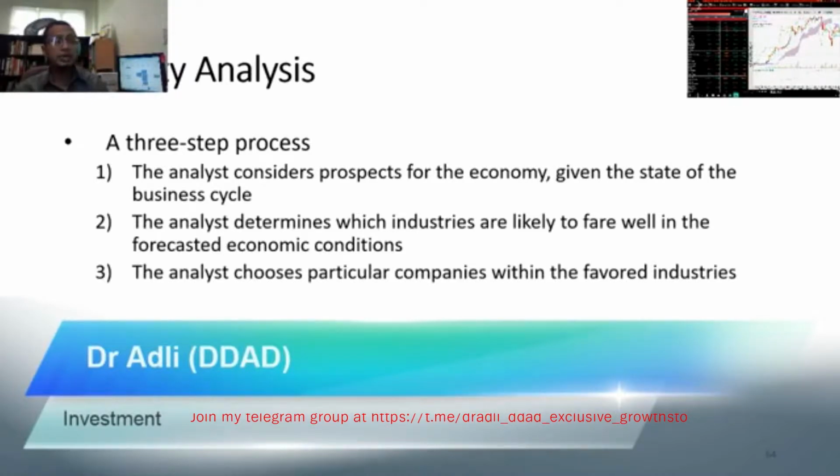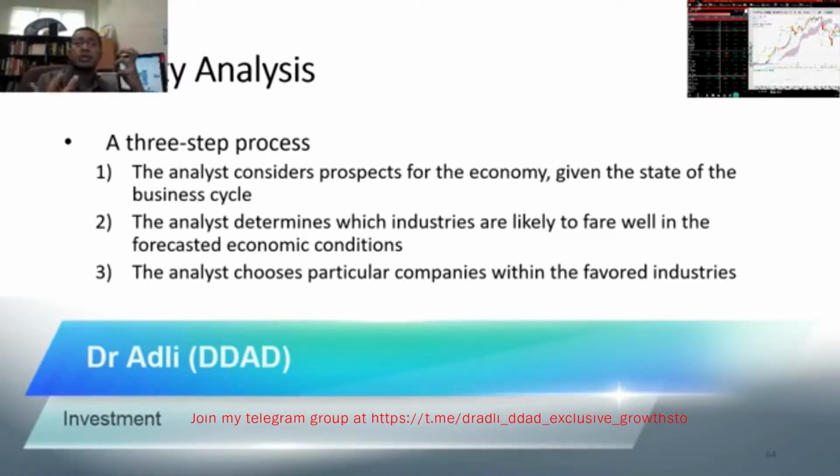And also the analysts choose particular companies within favored industries. When you look at different types of companies in different industries, you want to look at the top performing company in that particular industry. This three-step process is very simple. You can look from your technical analysis and also from the fundamental analysis.